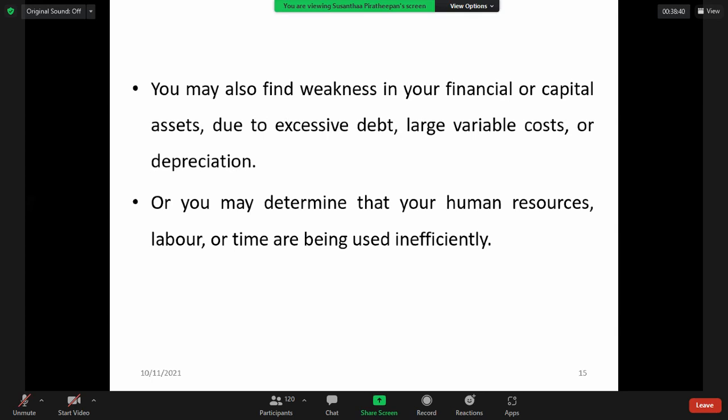Okay, under setting goals, what are we doing? Under setting goals, we are thinking about our long-term vision.